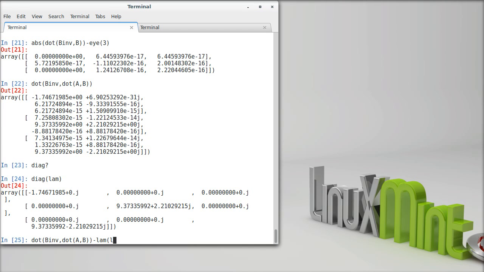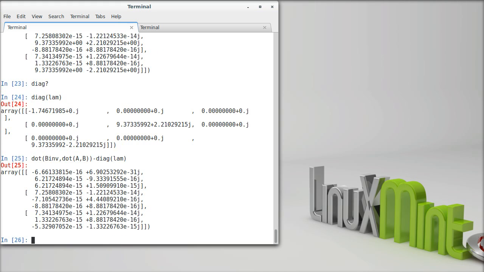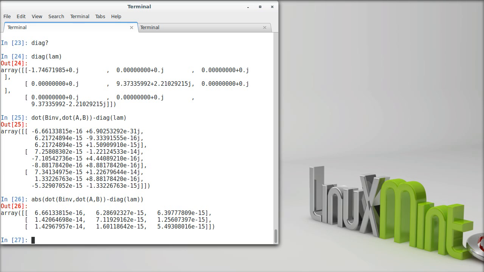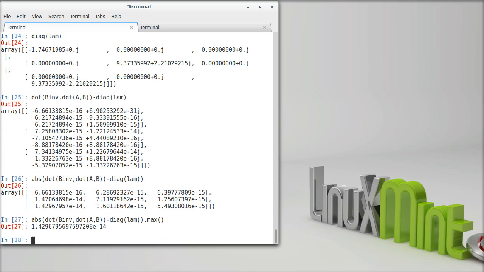I can subtract off the diagonal matrix made of the eigenvalues. And we see that, yes, that really is zeros. In fact, let's calculate the absolute value to see that it really is small. We can even find the maximum value in that and see that the maximum value is 10 to the minus 14. So yes, we did a really good job of diagonalizing this matrix.